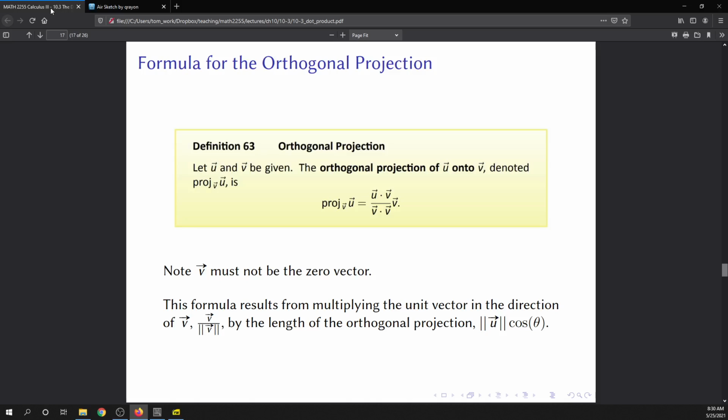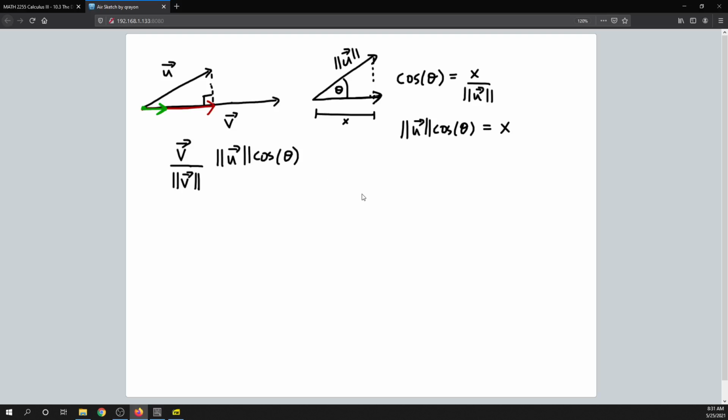And now you may say, hey, that's not the formula that you have here. And so we can rearrange this formula if we do two things. If we multiply top and bottom by the magnitude of v, and again, v can't be the 0 vector here, okay? All right, so now I'm just going to do some rearranging of these things right here.